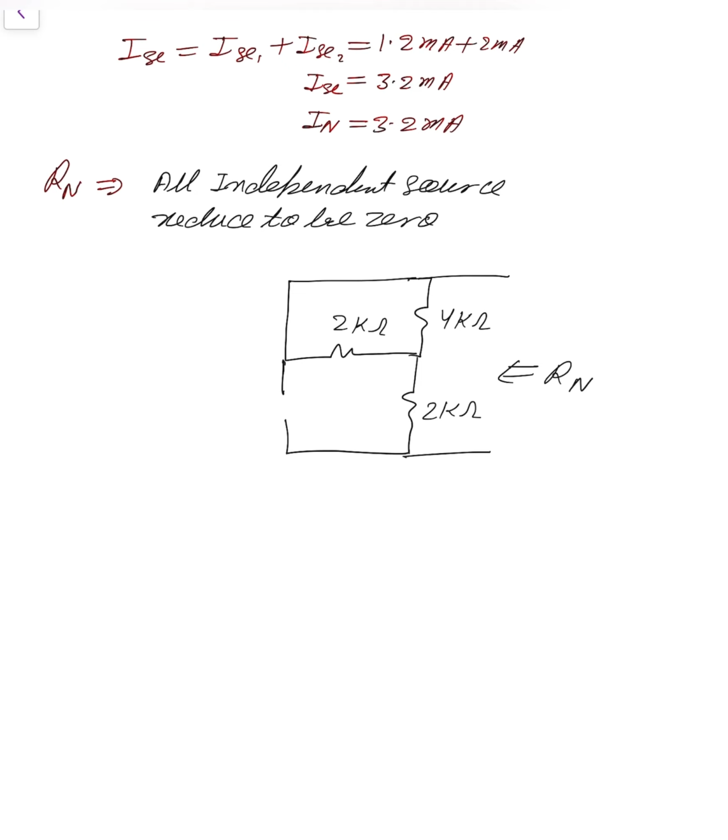So RN is equal to 2 plus 4 by 3. Finally we get 10 by 3 kilo ohm.